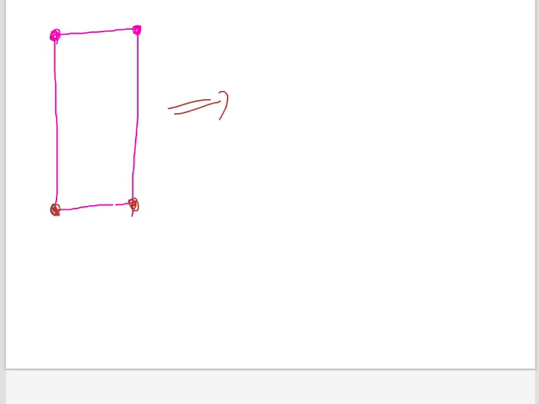Look at this picture. This is a rectangle. This point is equivalent to this point. This point is equivalent to this point. Then I must attach them.